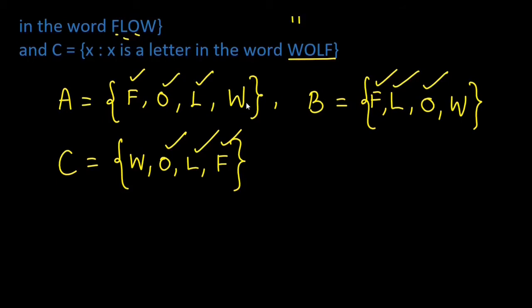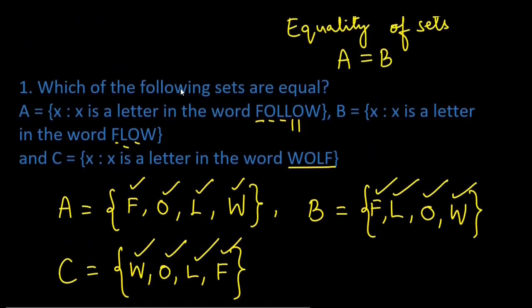Then W is there in B and C also. So all the elements in A are also elements of B and also elements of C. So A is equal to B is equal to C. So all these sets are equal.